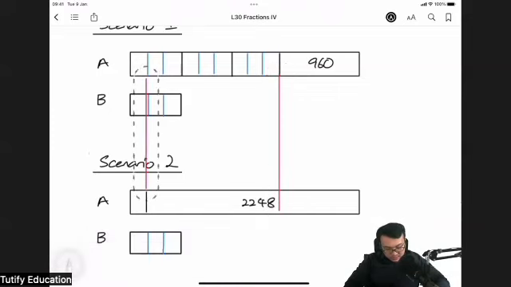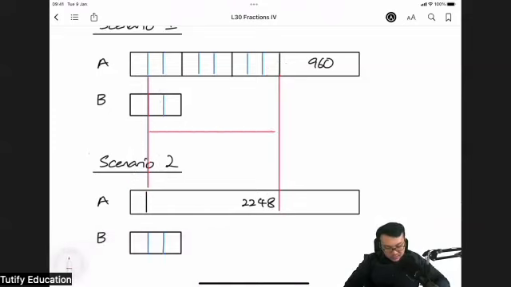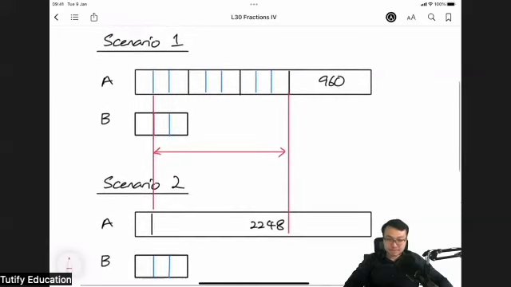Wait, see whether I can align them properly. How many units are there from here to here? Count how many units are there. 1, 2, 3, 4, 5, 6, 7, 8. Okay, so there's 8 units from here to here.